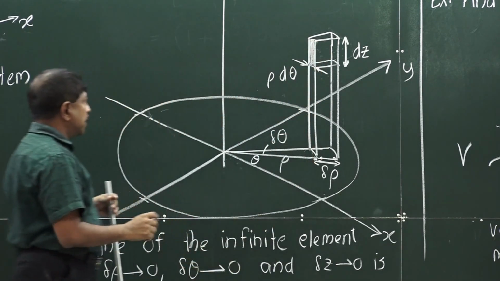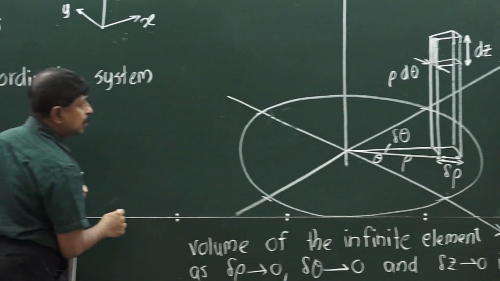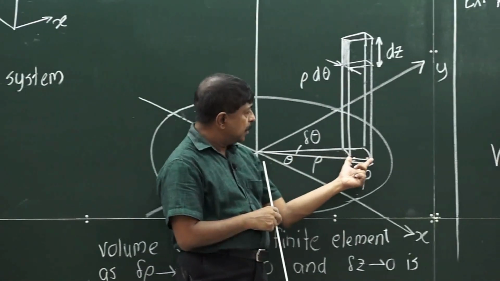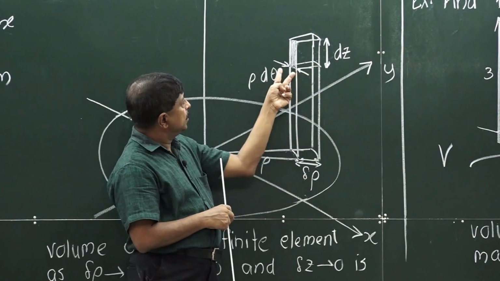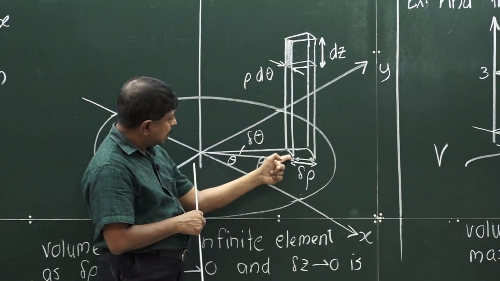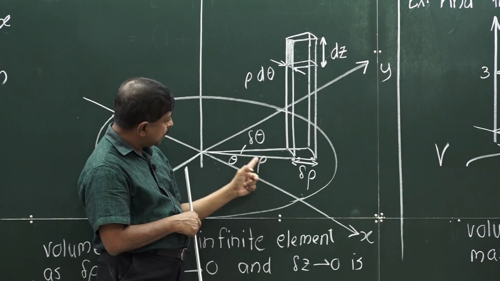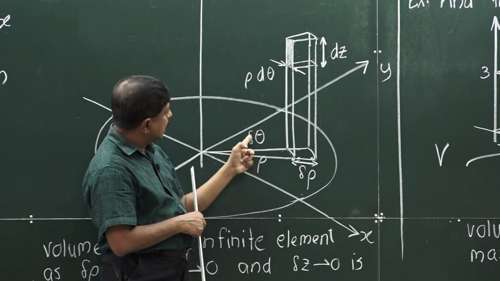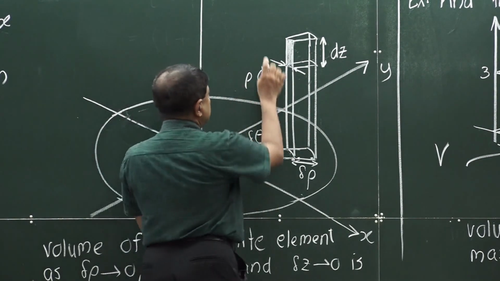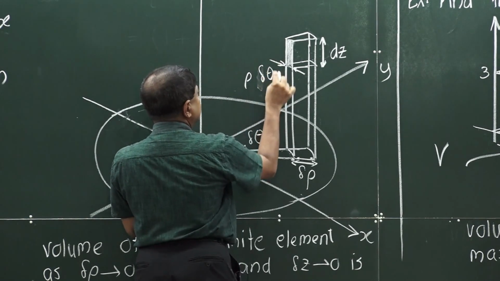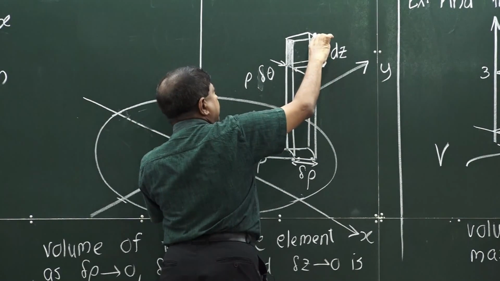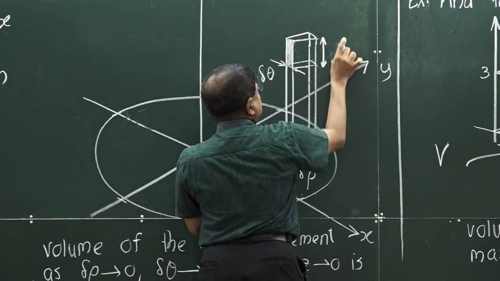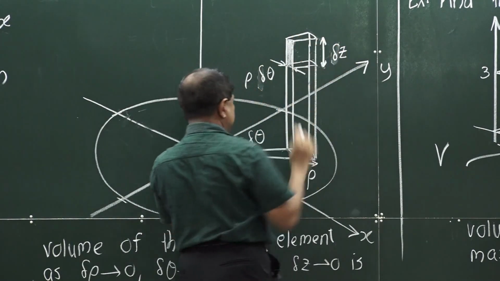This delta rho, this length, is from the arc length, radius times the angle, rho delta theta. This height is delta z.